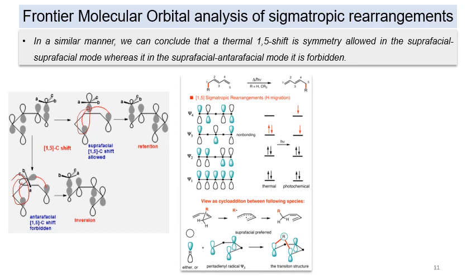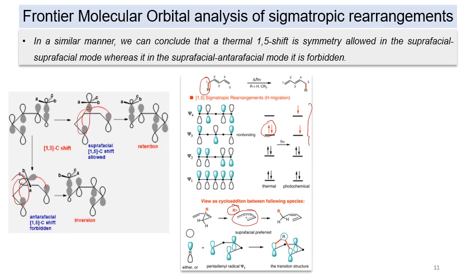Once again, by the frontier orbital method, you can see here these are the electrons that belong to the sigma portion, and in the photochemical method this will be your orbital diagram. So we can view this as an R radical and a cyclopentadienyl radical.